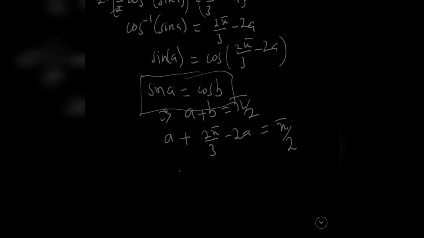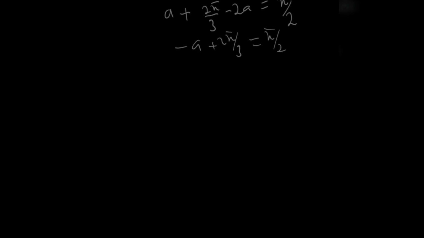So we get minus a plus 2 pi on 3 equals pi on 2. Proceeding to find the value of a, a will be equal to 2 pi on 3 minus pi on 2.